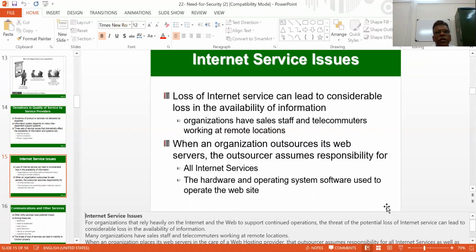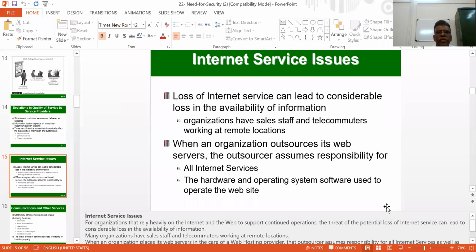We can say that one organization has sales staff, and an organization has telecommunication service technical supporters working at remote locations to maintain reliable bandwidth, throughput, and connectivity regularly. These are also some of the various other types of issues that come from the internet.